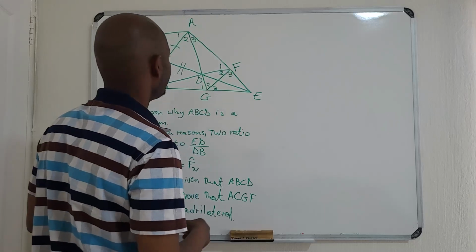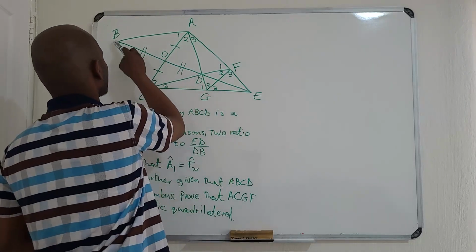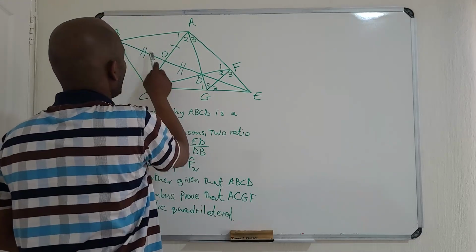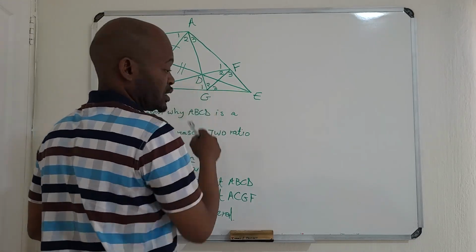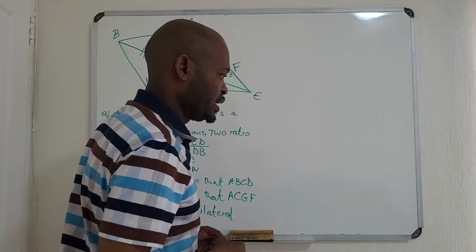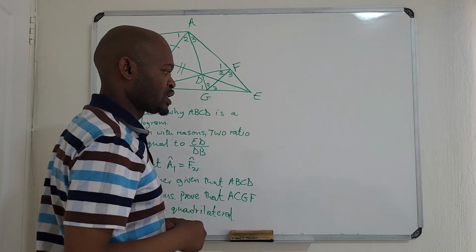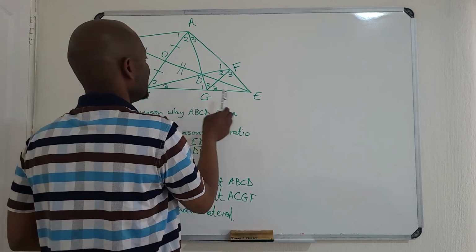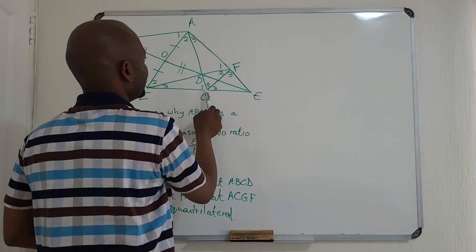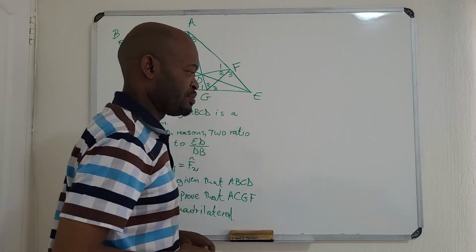EDO is produced to B such that BO is equal to OD. AD and CD are produced to meet EC and EA at G and F respectively.